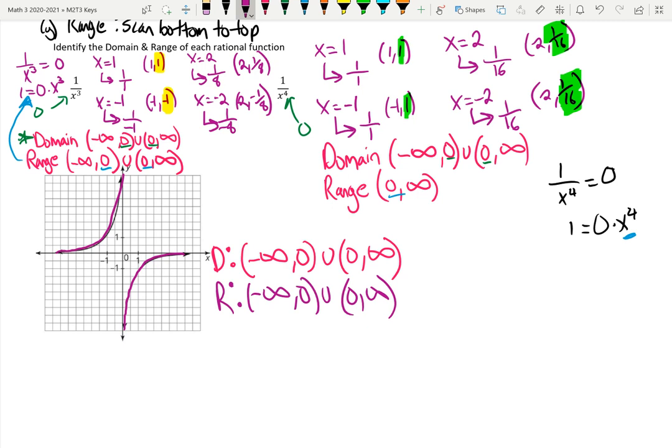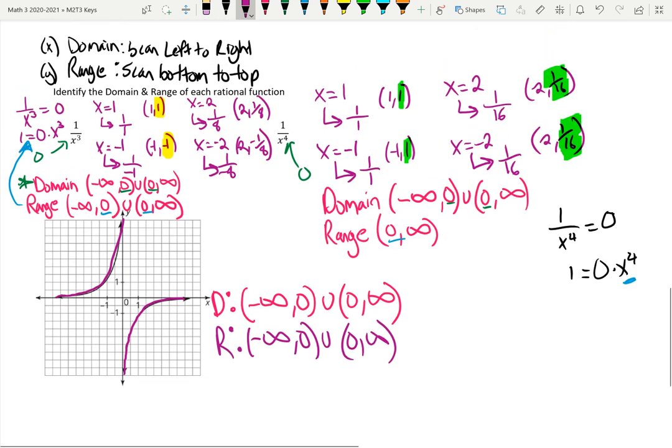I wanted to show you how I look at the graph. Remember, domain is a scan left to right. Range is a scan bottom to top. There is also the point that you notice: x to the third is always going to produce a range where the numbers work. x to the 4th is always going to produce a range of this.